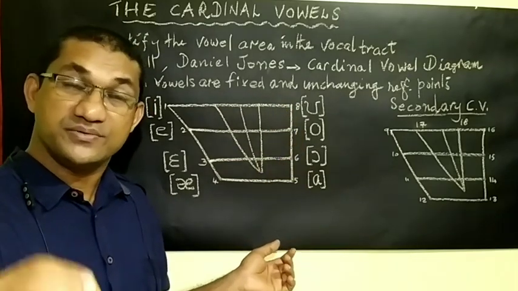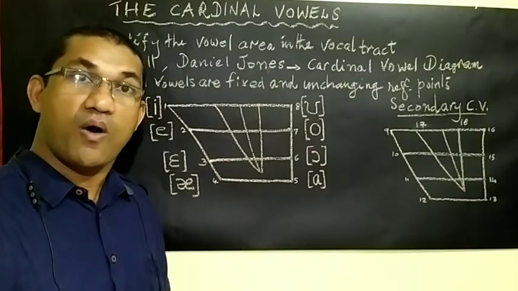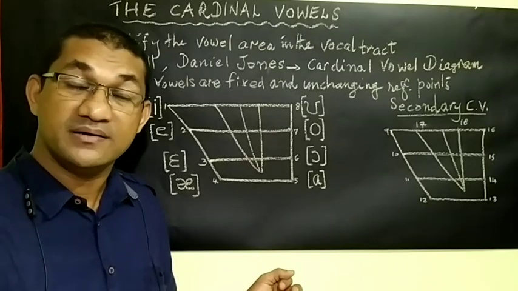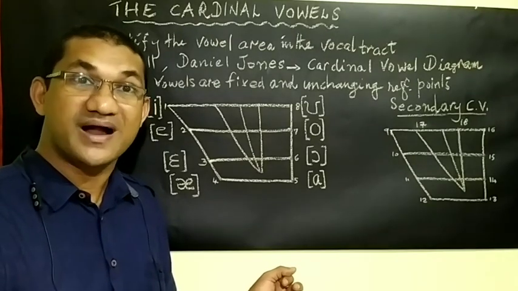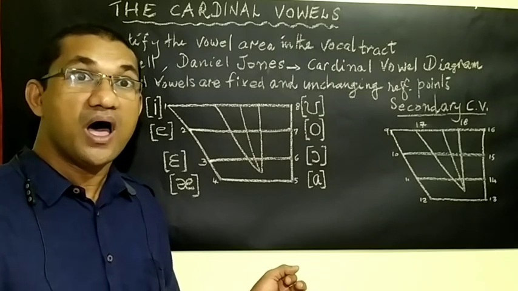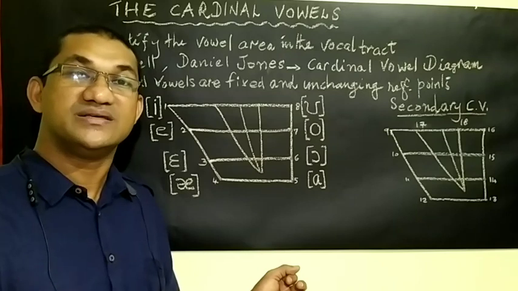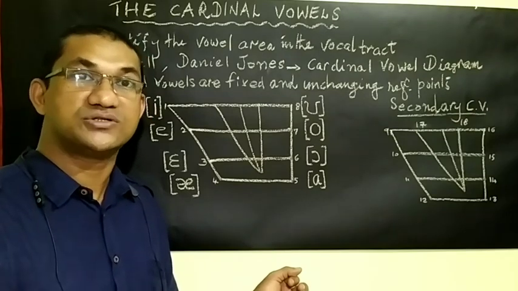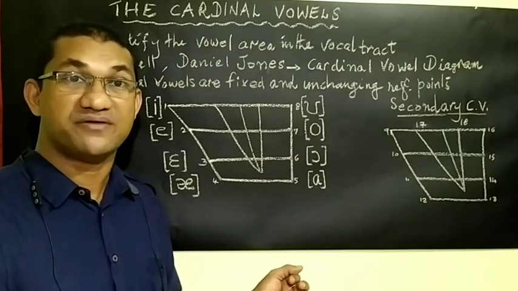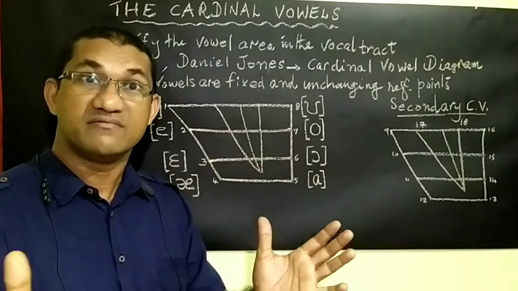So vowels produced with the tongue at the extreme bottom in the oral cavity are what are known as open vowels, open cardinal vowels. Like when we say the sound ah, the tongue is at the extreme bottom of the oral cavity or the mouth cavity, and we call such sounds open vowels.